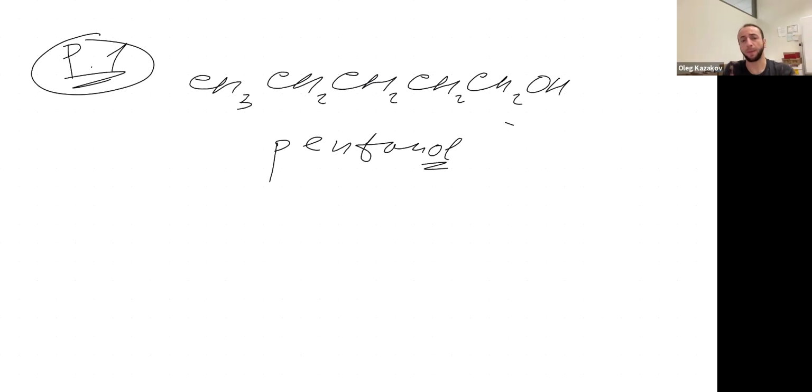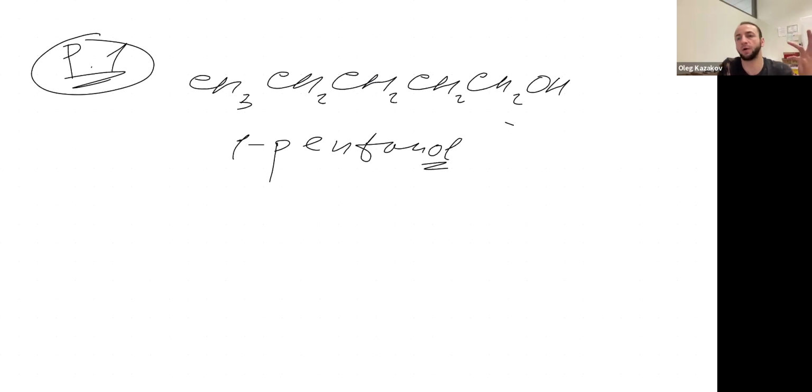Consequently, we are going to have the number 1 in front of pentanol, and it will tell us that carbon number 1 will have the alcohol group, or the OH group, attached to it, in the backbone that contains a total of 5 carbons.